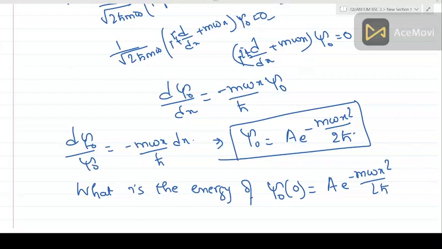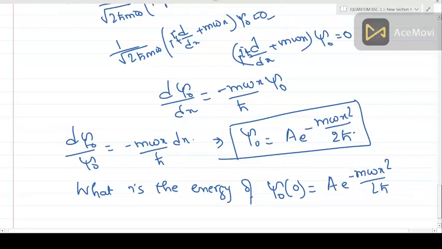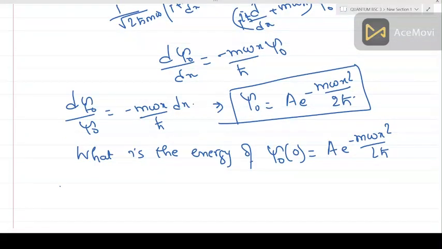How will you find the energy? You will put this equation psi of x in the Schrodinger equation that we had defined. h bar omega (a plus a minus plus 1 by 2) psi naught is equal to E psi naught. And then what will you see? Again you will have to apply the operators.